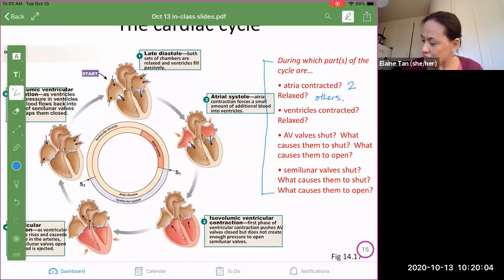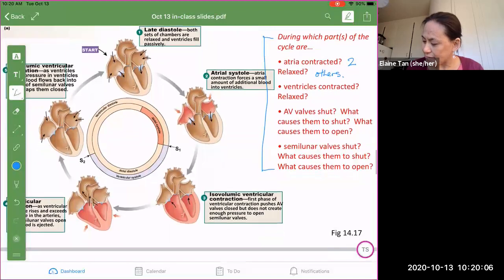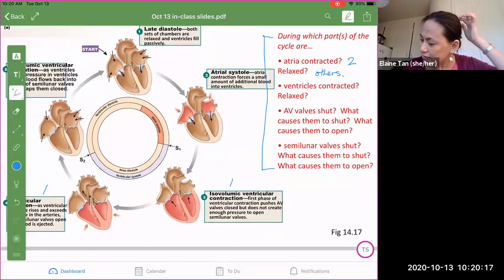The ventricles are contracted during these two phases, isovolumic ventricular contraction and ventricular ejection. Sorry, I don't know if I can move that thing, but so it's 3 and 4, and then relaxed during the rest of the time, so 1, 2, and 5.